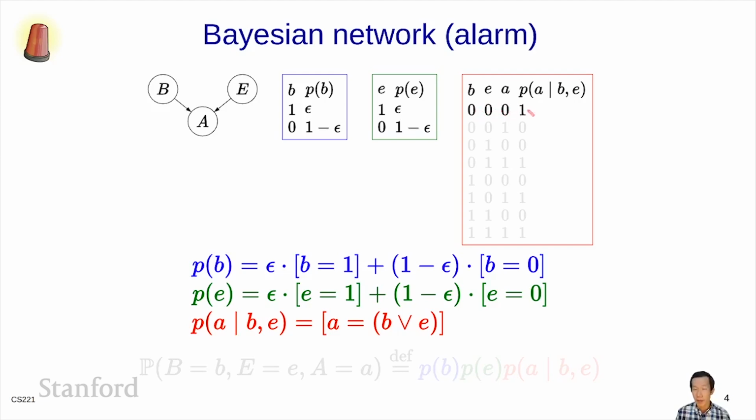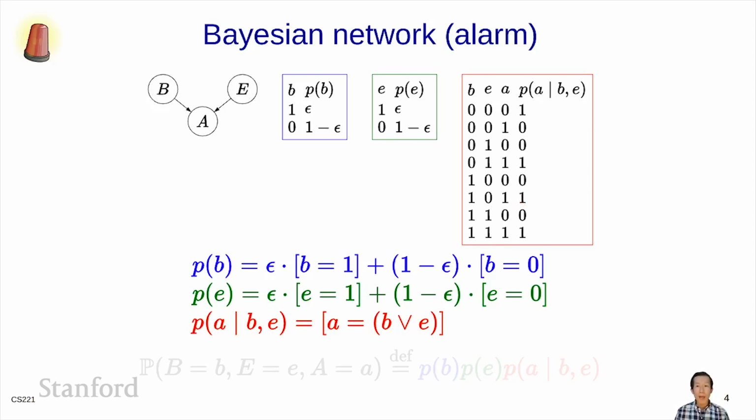That's yes, so this probability is 1. Does 0 or 0 equal 1? The answer is no, so that's a 0. Does 0 or 1 equal 0? That's also a no. And does 0 or 1 equal 1? The answer is yes, so that's a 1. Go on with the rest of the table analogously.